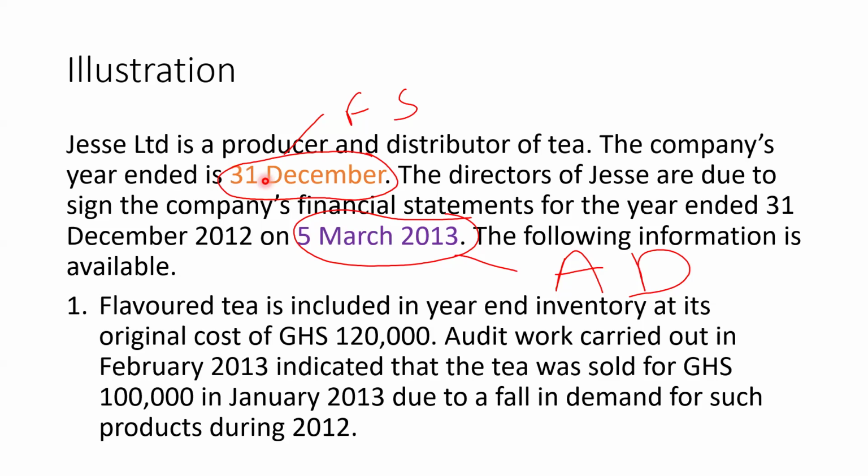That is correct. So the income statement, how will the closing inventory affect the income statement? What's the effect of closing inventory on profit? You should know the effects on profit before we do the adjustment.